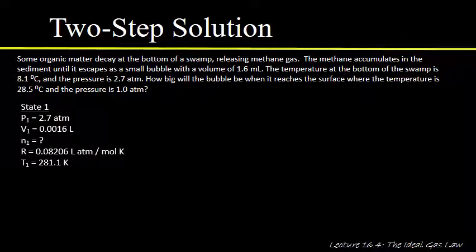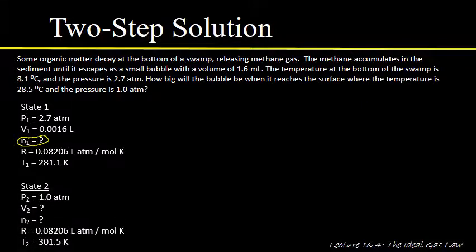State 1 describes that bubble at the bottom of the swamp. We've got 3 of the 4 variables, but it didn't tell us anything about the number of moles. So n is a question mark. In state 2, as the bubble reaches the surface, we have information about 2 of the variables, but now there are 2 that we're missing, volume and number of moles. Okay. So we can't go directly to state 2 and do the calculation because we're missing 2 of the variables.